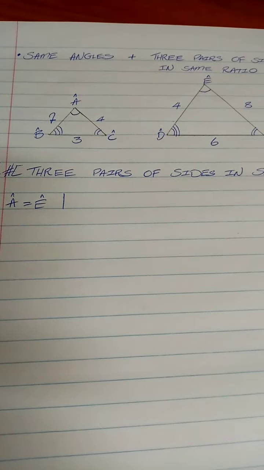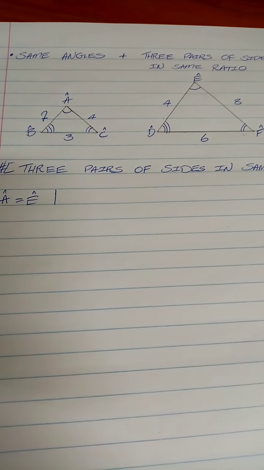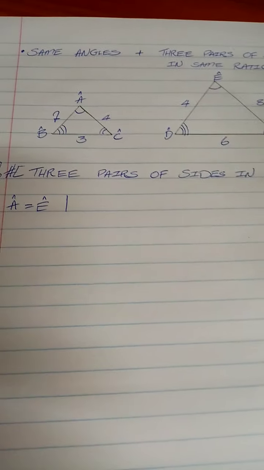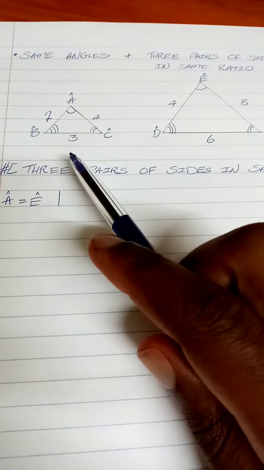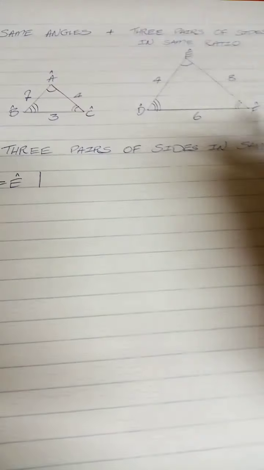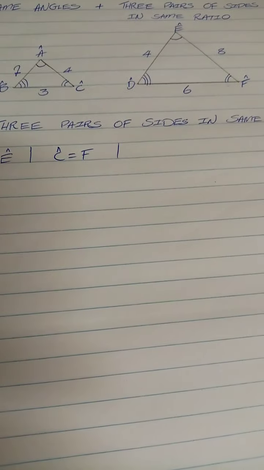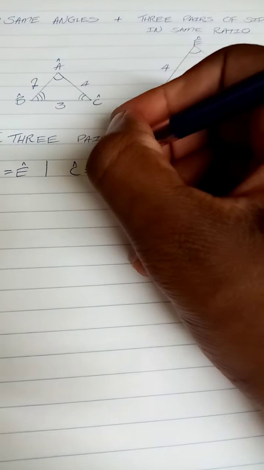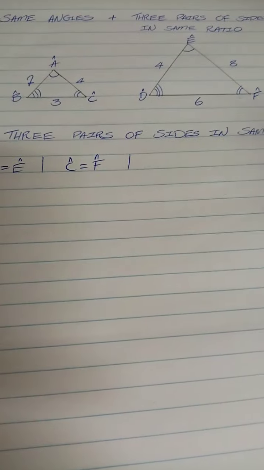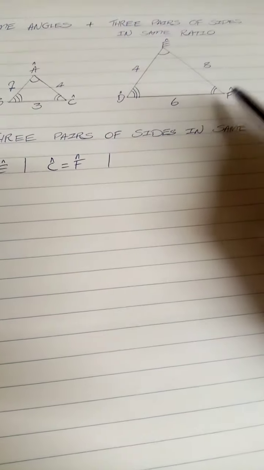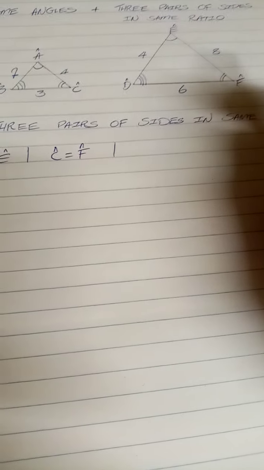So basically looking at this again, we are okay, no problem. C is equal to F. Angle C, which is double striped, is equal to F, which is also double striped.